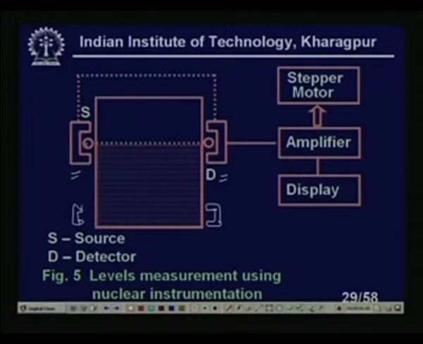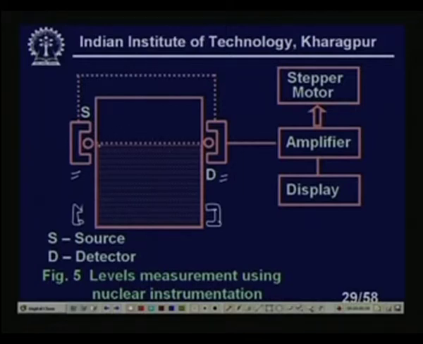It will be detected because we have a source and detector. When it will stop, because the incident ray and the deflection, the radiated ray and the detected ray will be different, because it will slowly move. We have a stepper motor assembly, so it will slowly move.